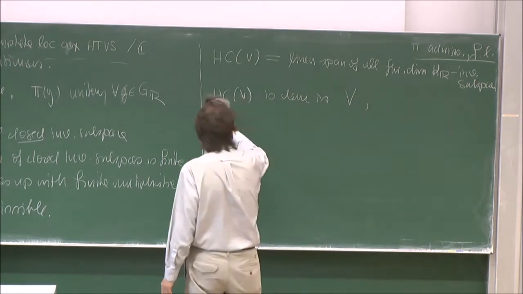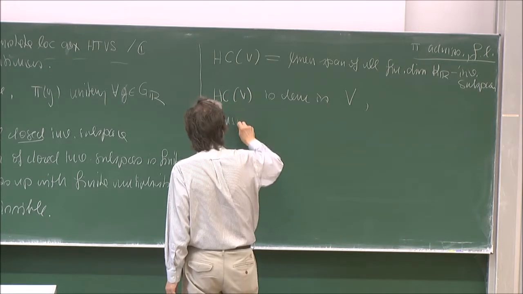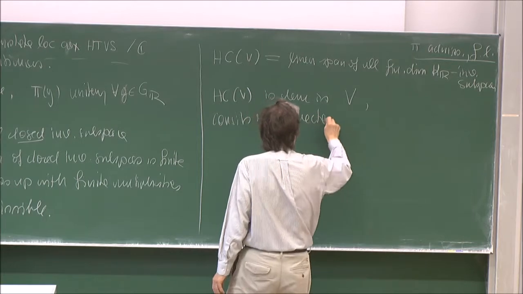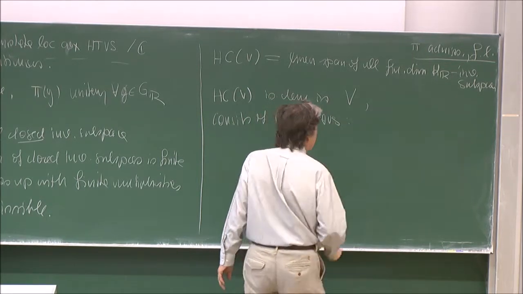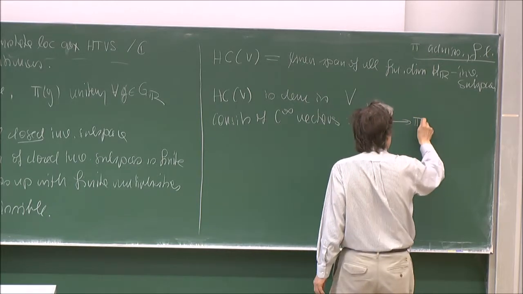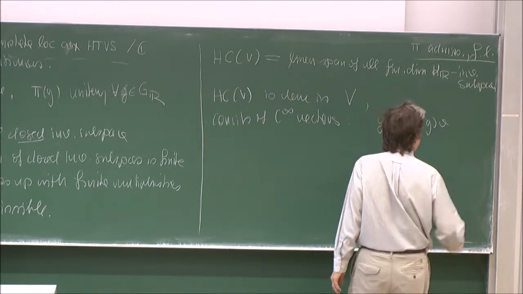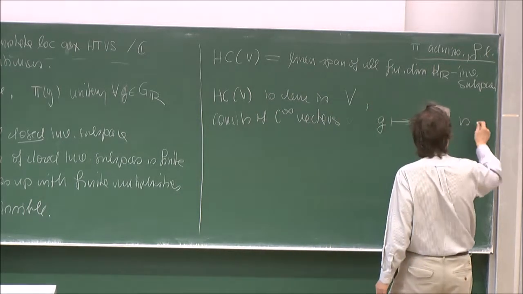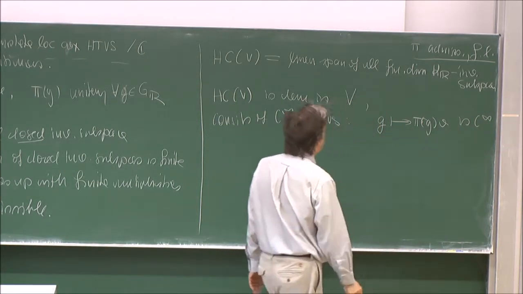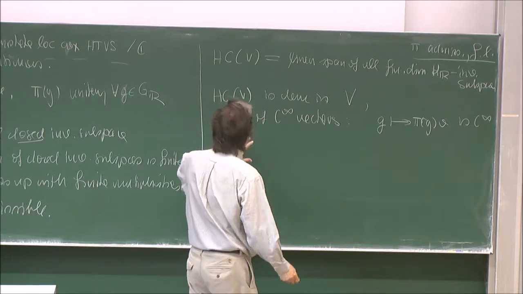It consists of C infinity vectors, meaning that if I send g to pi of g applied to the vector, this is C infinity from the group to the vector space.